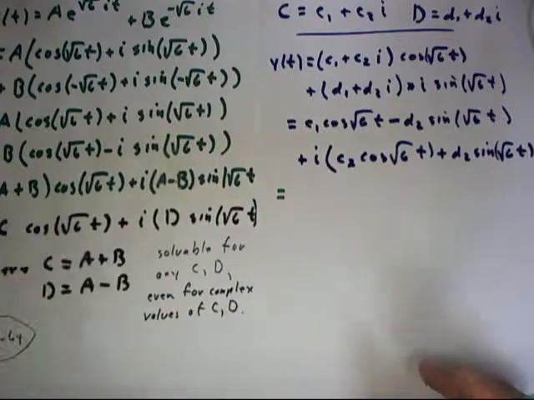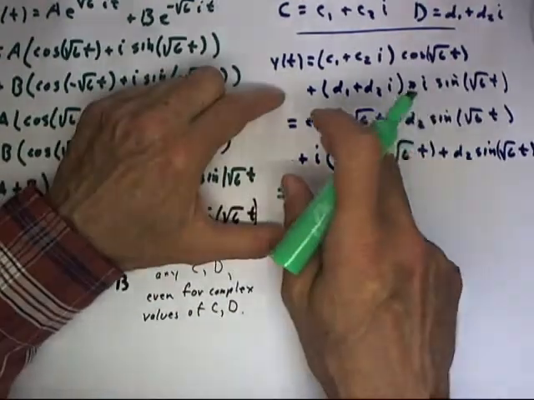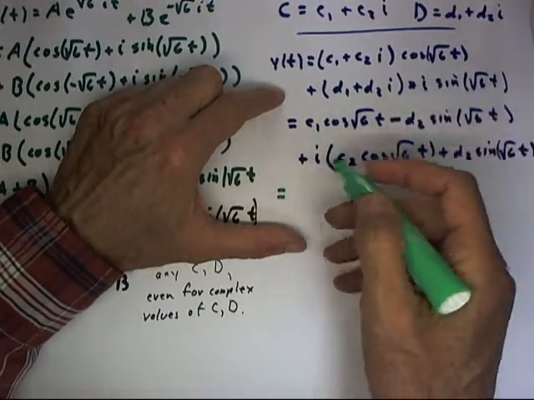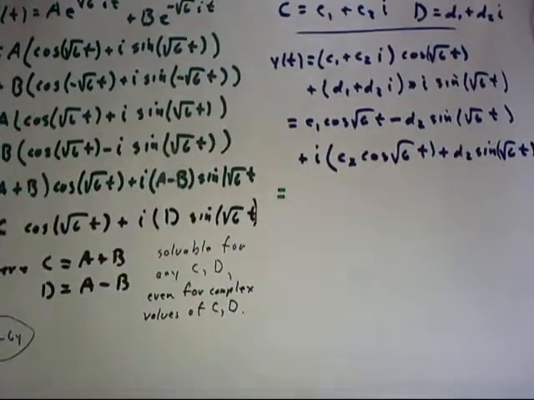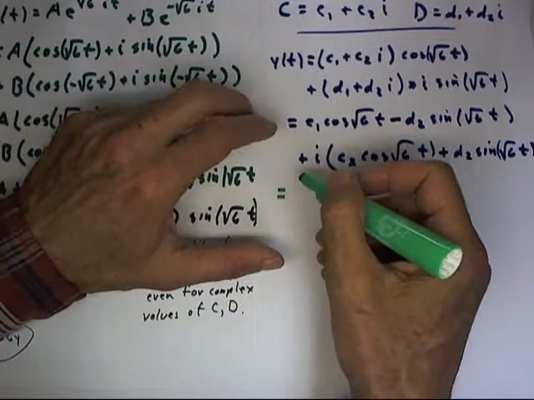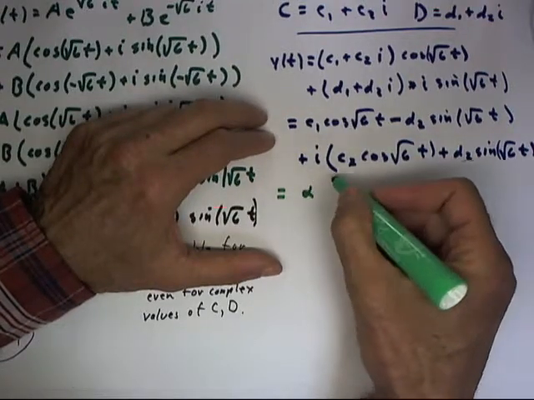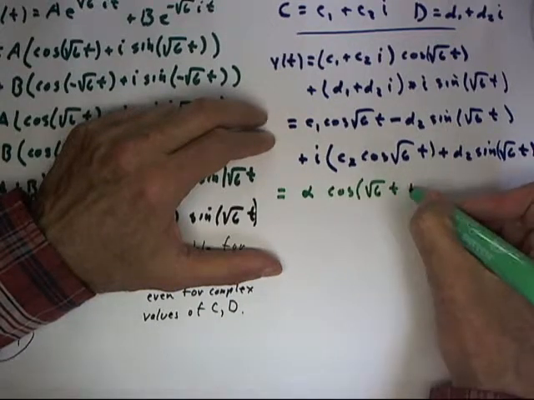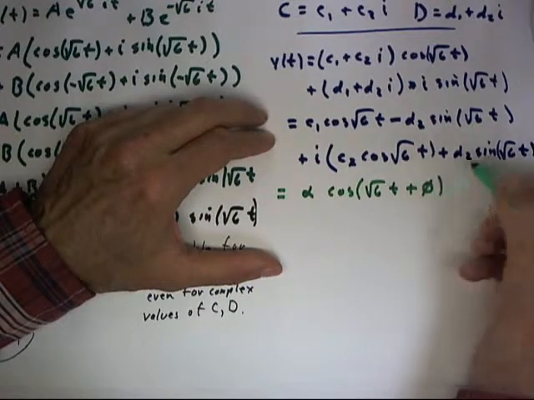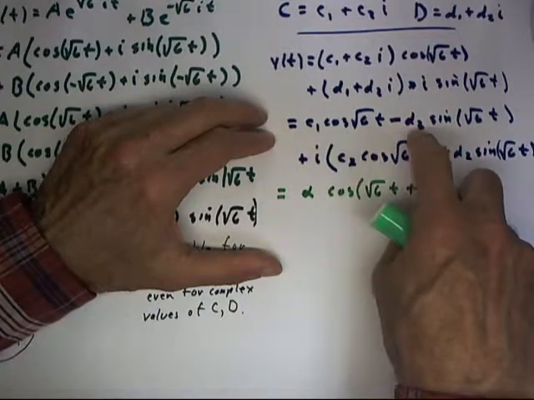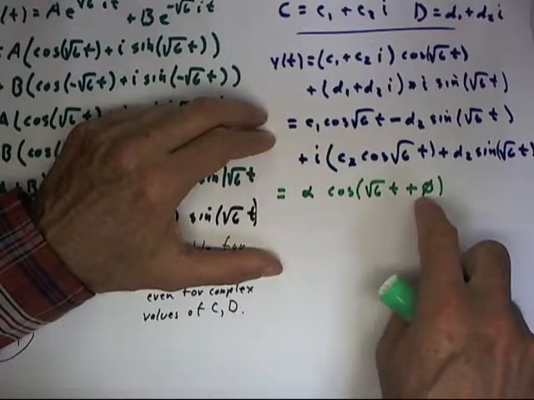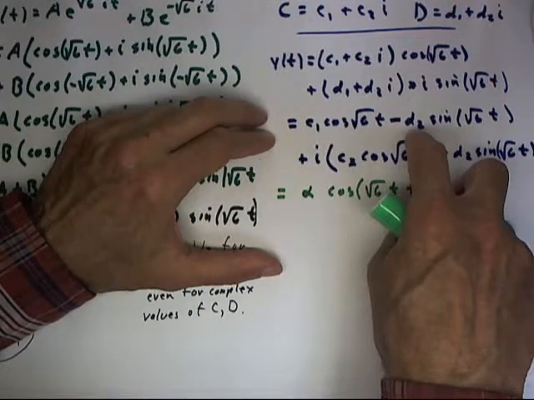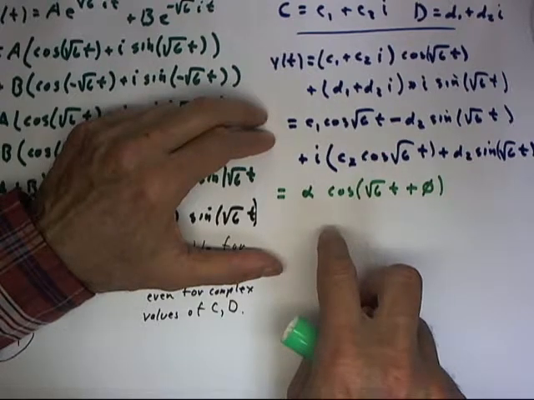You might need to review a little bit of basic trigonometry, but the trigonometric identities tell us that this linear combination of the cosine and the sine of the square root of 6t could be written in the form alpha times the cosine of square root of 6t plus phi, where the constants c1 and d2 basically are replaced by constants alpha and phi, and the values of alpha and phi can be determined from c1 and d2 using trigonometric identities.